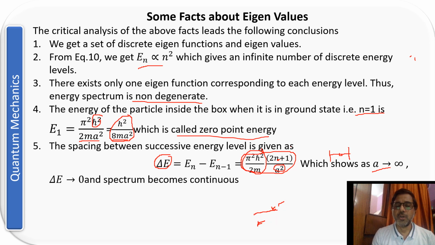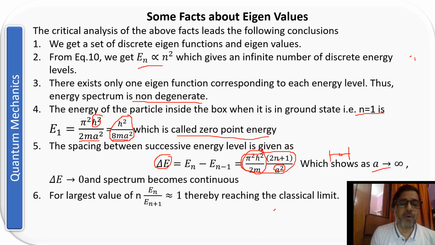All right, let's go to the next one. For the largest value of n, take the ratio between En and E(n plus 1). But this should be a very high value of n, not 4th or 5th. Let us suppose the 100th energy state and the 101st energy state.